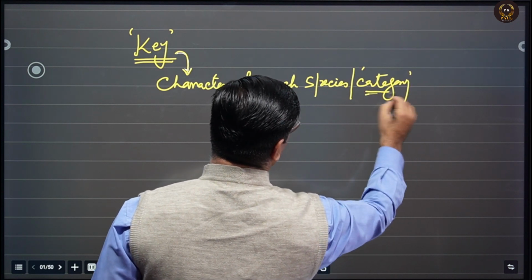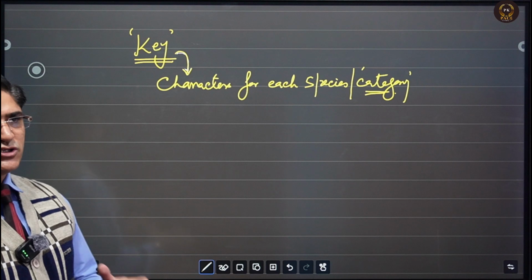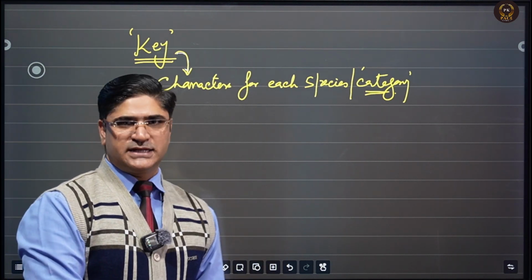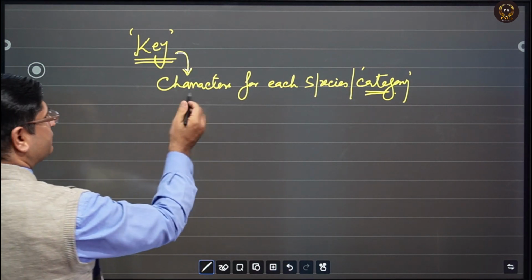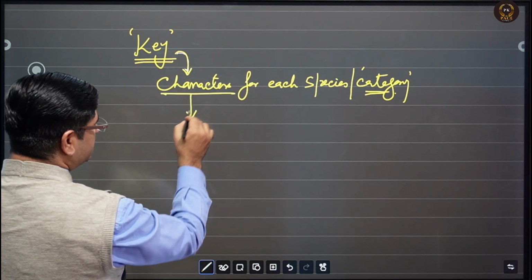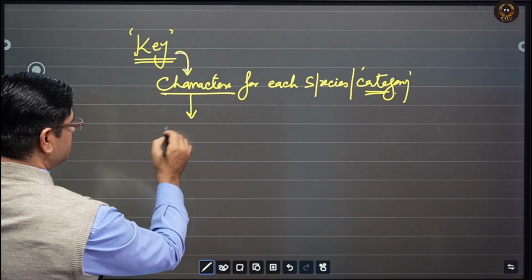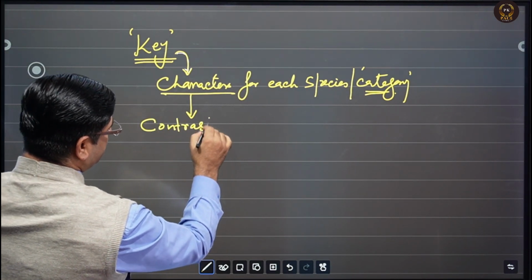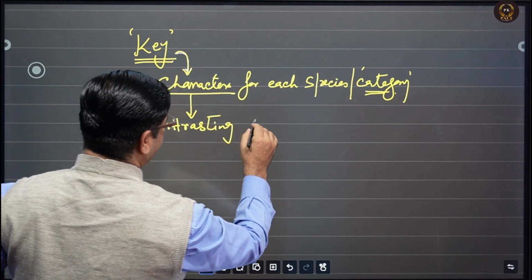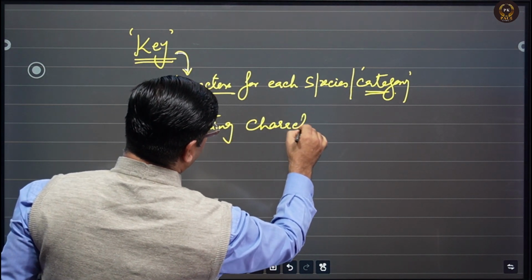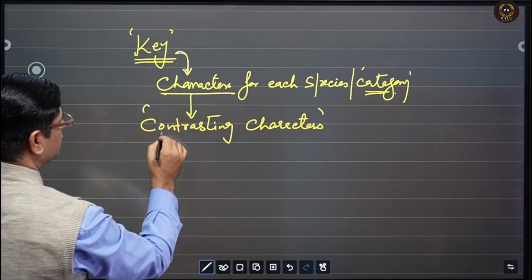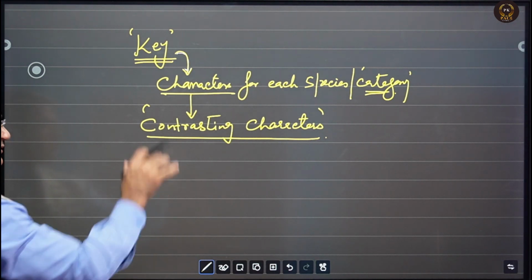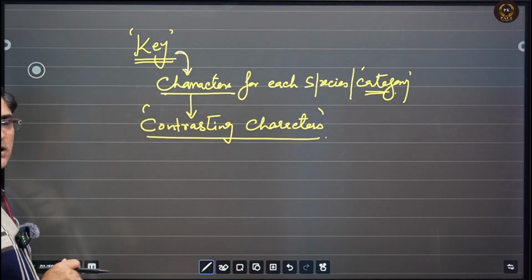For every category they choose different types of characteristics or features, and those characters they choose are contrasting characters, and based on these contrasting characters, which are analytical in nature, they classify the species.